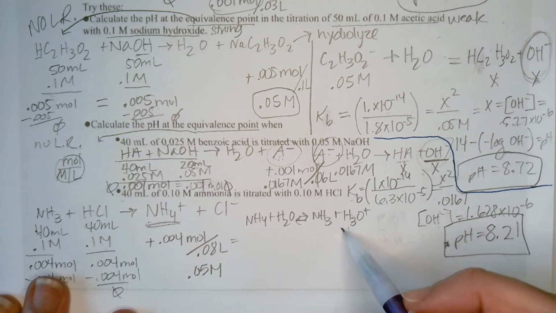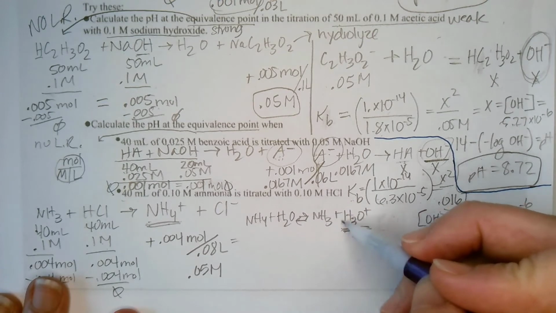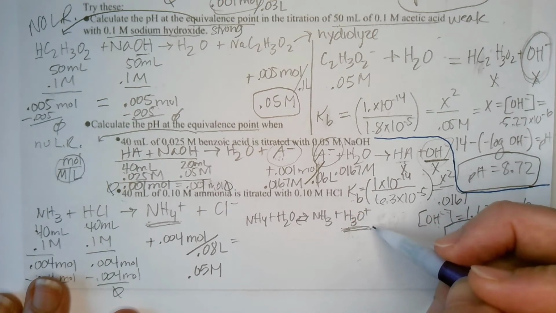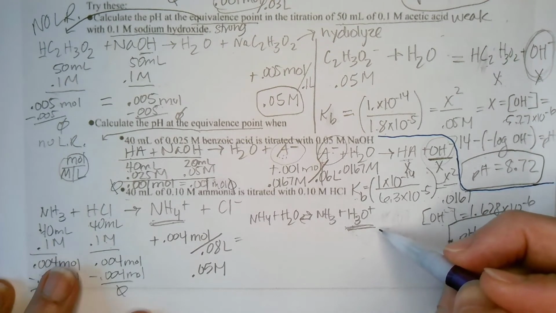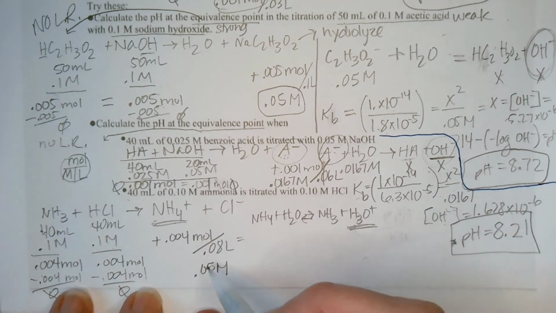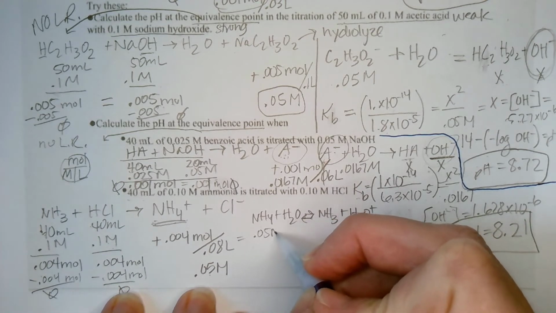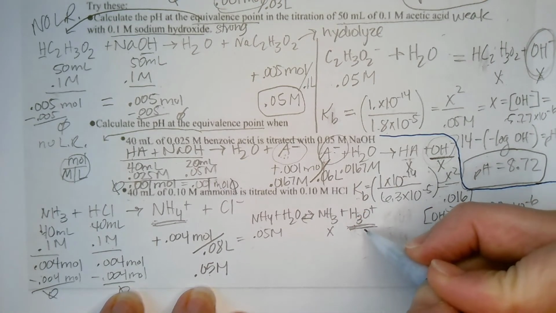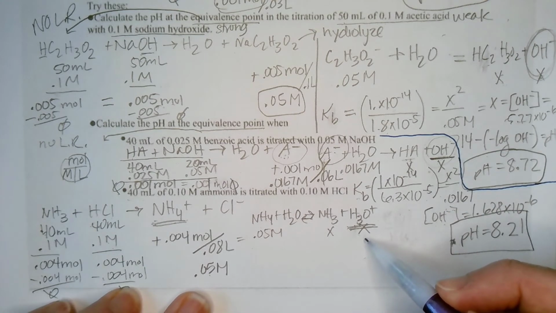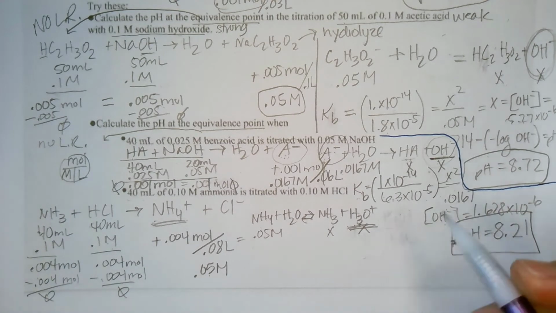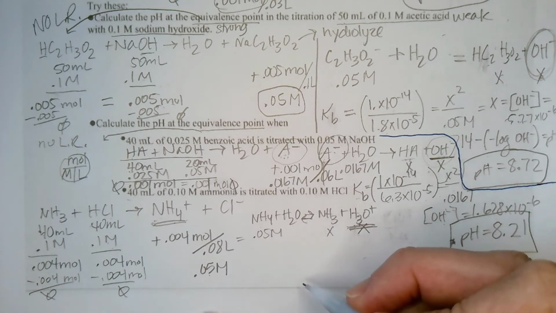So we can see that I am forming extra hydronium, my H3O plus, so I'm going to have a more acidic solution at my equivalence point. Now we've just found that my concentration for NH4 plus was 0.05 molar. I don't know what ammonia is, and I don't know what my hydronium is. So we're just going to form our Ka or Kb expression.